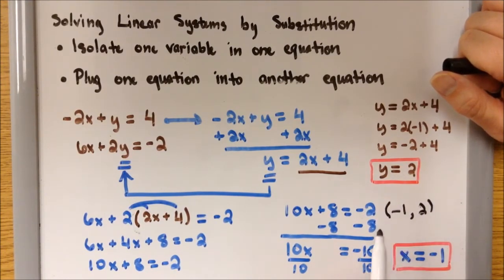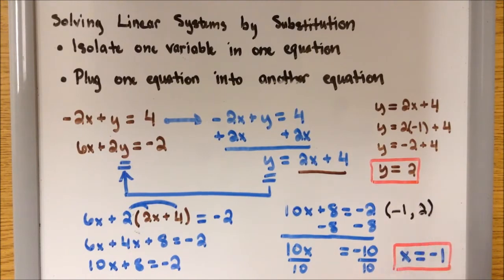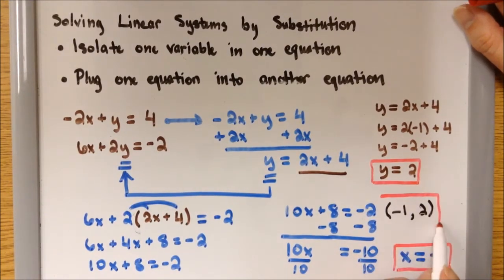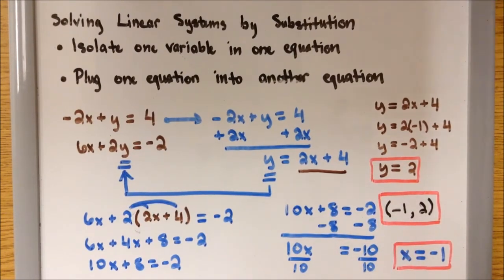So you can write it as a coordinate point, just like how you did in solving systems by graphing. And you can box that also. Either way, you can write it as a coordinate point, negative 1, comma 2, or you box up the value for y and you box up the value for x. Either way, it does not matter.